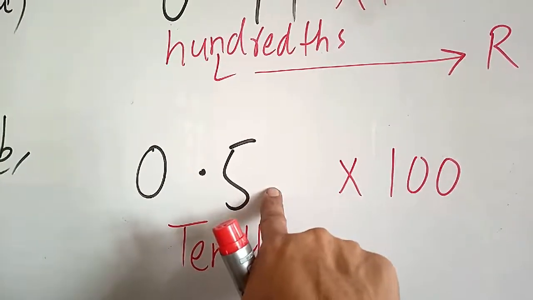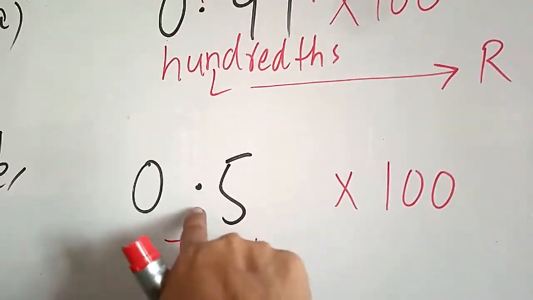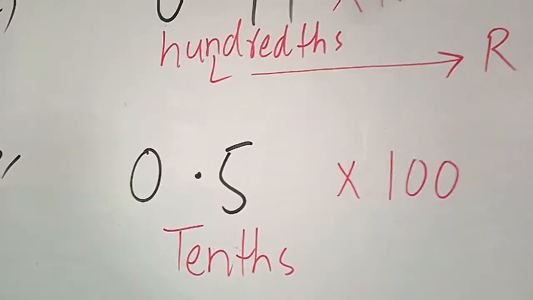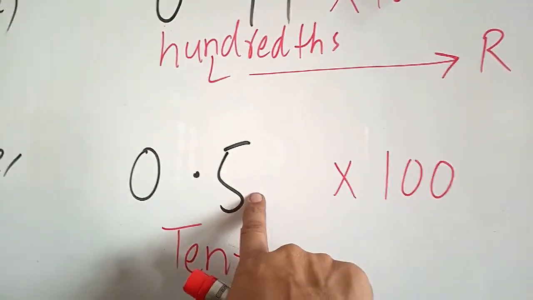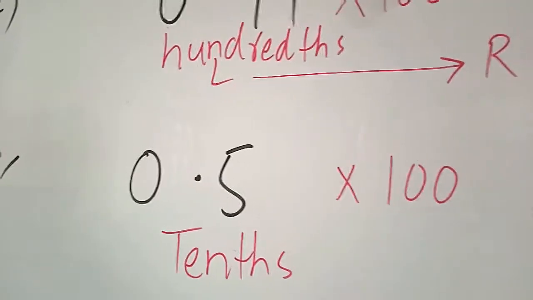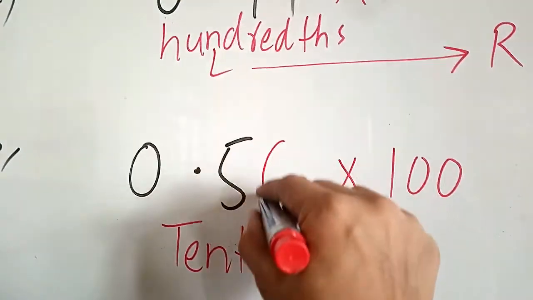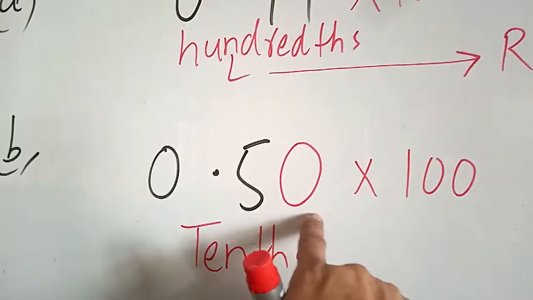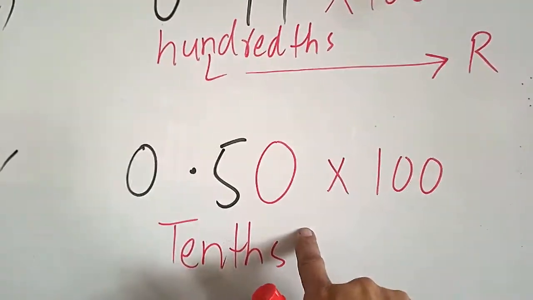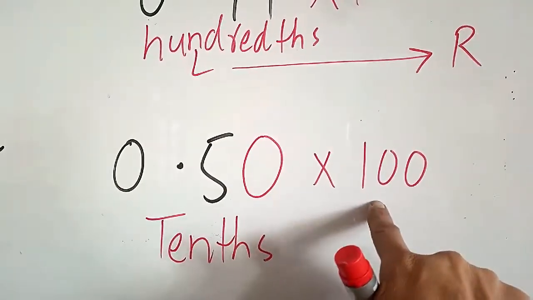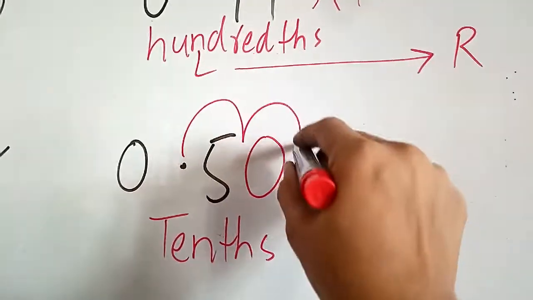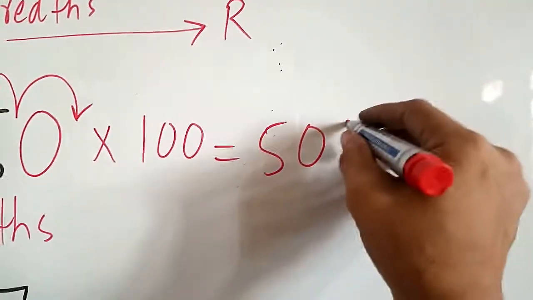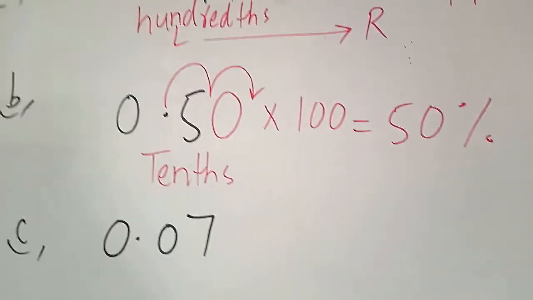We have to move the decimal point 2 times, but we have only one digit after the decimal point. And do you remember, whenever we have one digit after the decimal point and we need an extra place, we have to add an extra zero. According to this rule, we move the decimal point from left to right 2 times, 1 and 2. Then we will have simply 50%. Very simple.